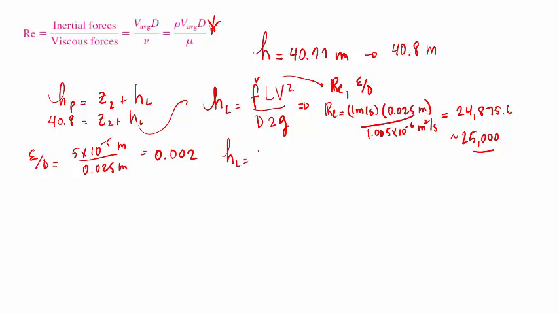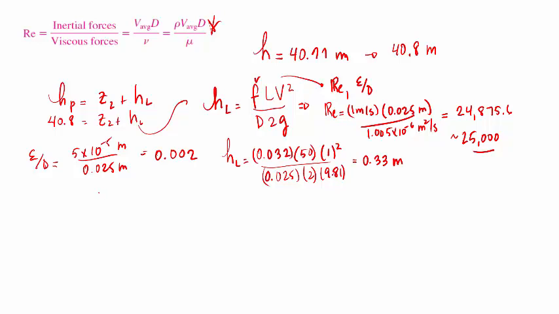So I said it was 0.032. My L is 50. The velocity is 1, then squared. The diameter 0.25. And if you have everything in the basic units, then you don't have to worry. And then this gives me 0.33 meters.